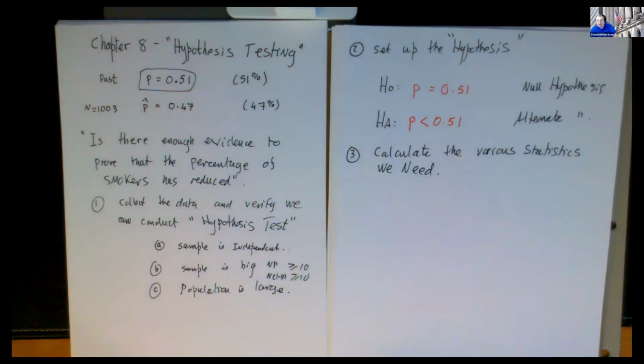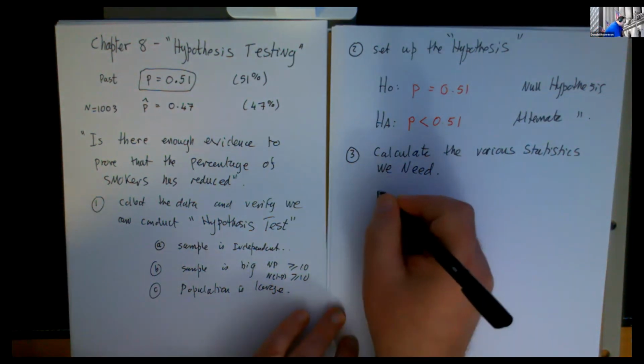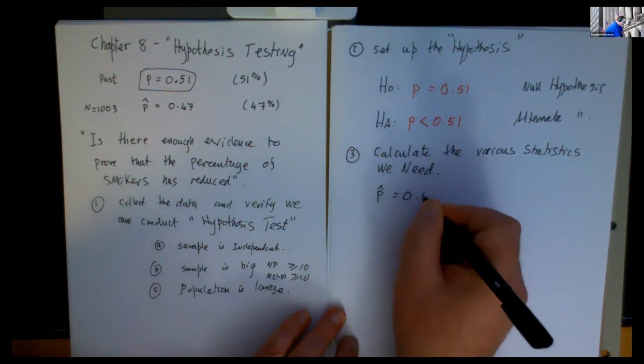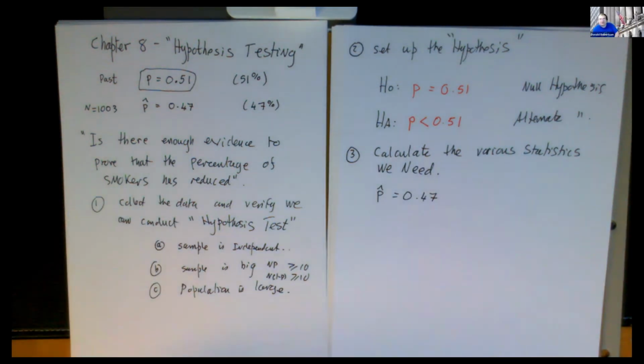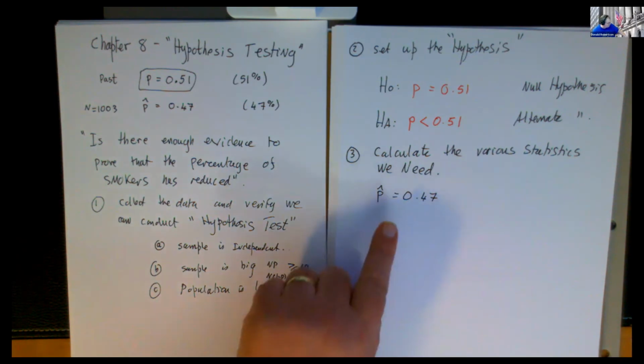We're going to calculate the various statistics that we need. Right. I already know this guy, but sometimes I need to calculate it because the story might be, 482 people in the sample said they didn't smoke or something, right? So that's one of your guys.